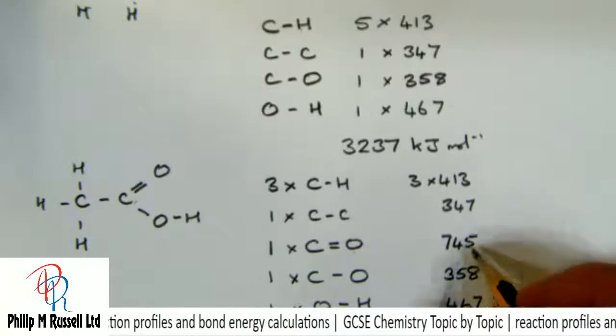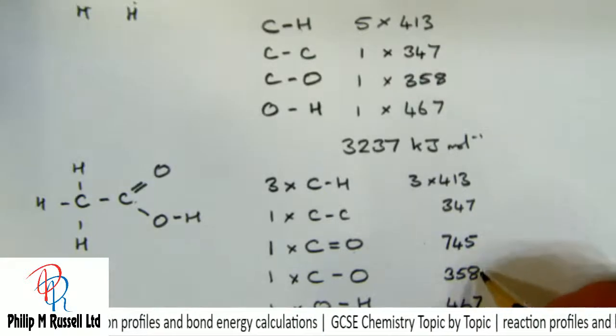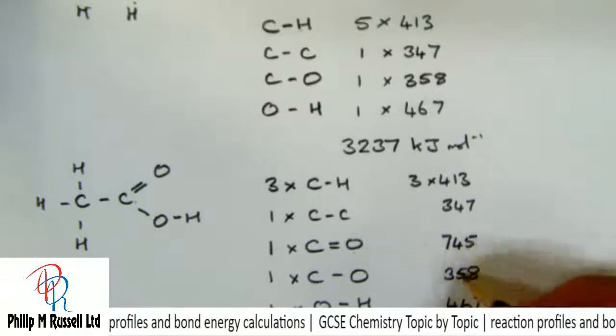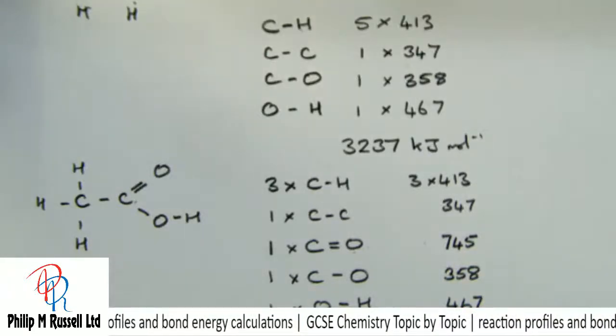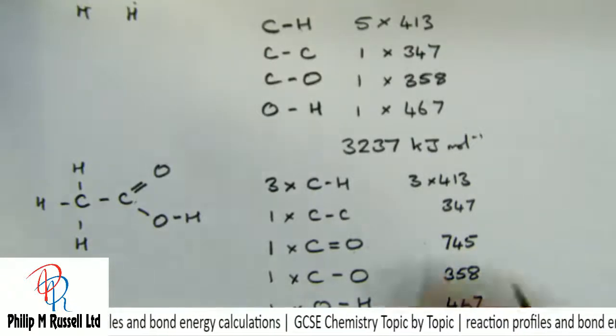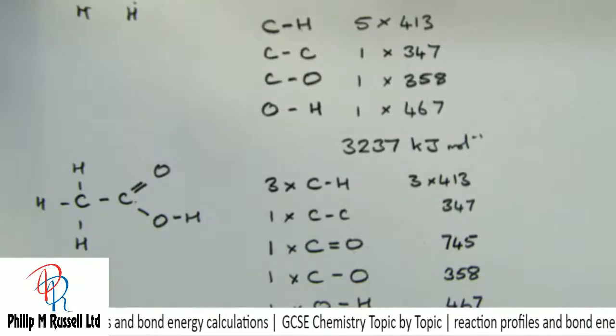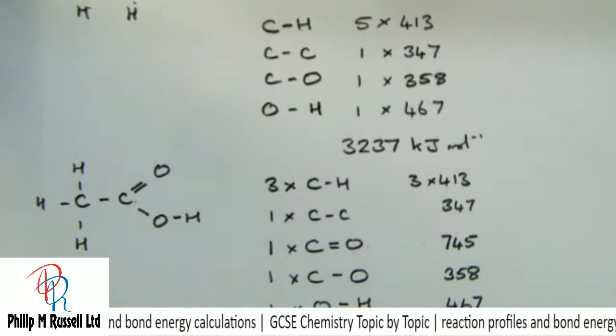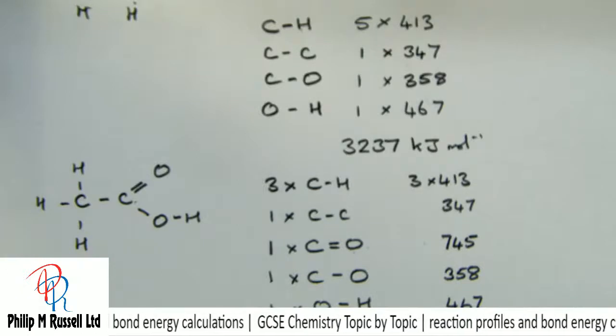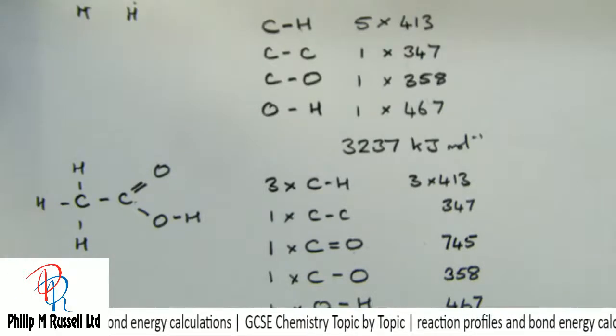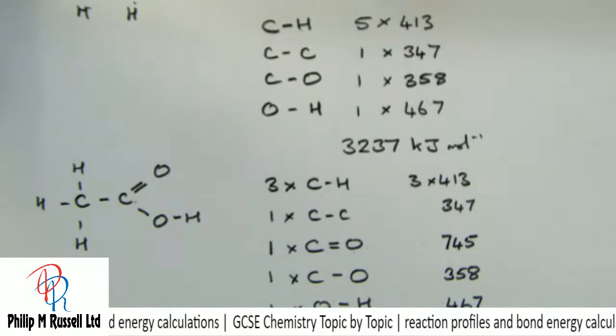So you can see that a double bond has in fact got more energy in it than a single bond, and all we need to do is to add these up. Well, I'm not going to do that one because you've seen how to do that.